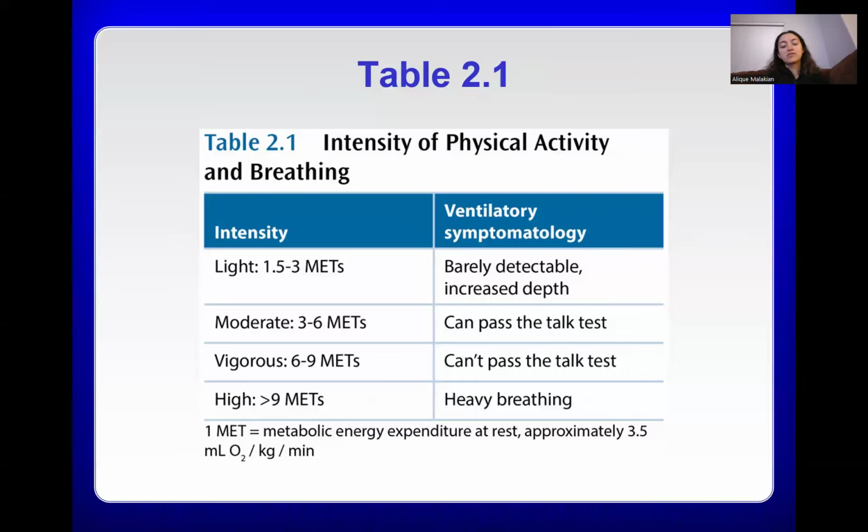Vigorous exercise is when they can't pass the talk test. You should do this on yourself if you've never done it before. Just go out for a run or something, and try to hum a song or try to speak. If you feel like you have to keep taking pauses to take breaths, then you're probably in the vigorous zone. In the high zone, you can't talk. This is a pretty good way to assess someone's intensity for a given form of exercise. And we'll talk more about this in a couple of slides.